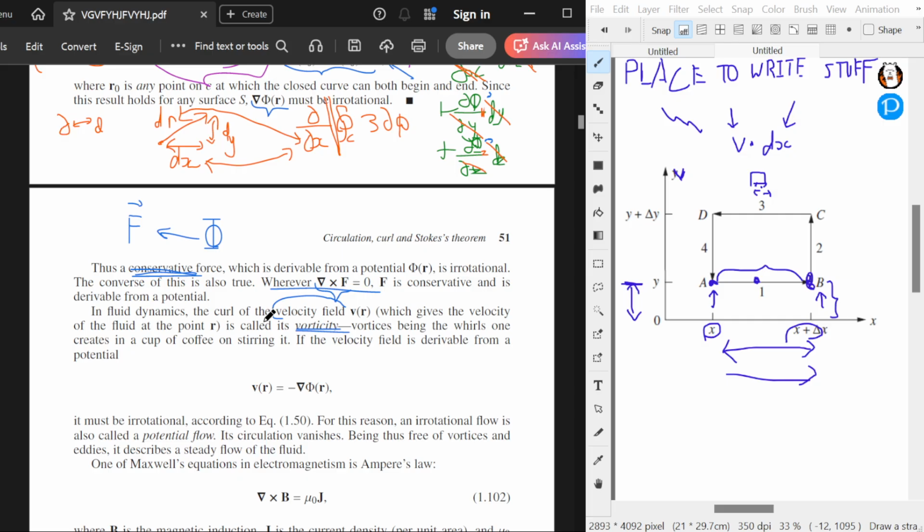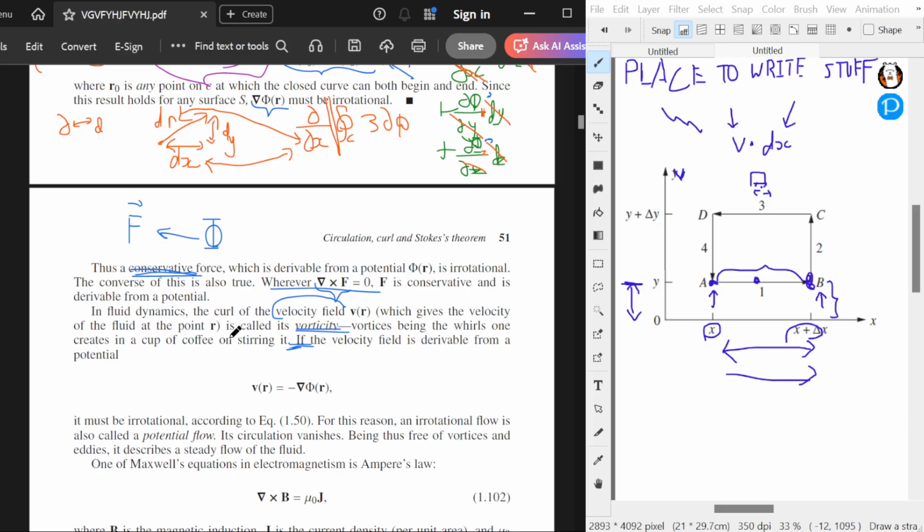Vortices being the whirls one creates in a cup of coffee when stirring it.